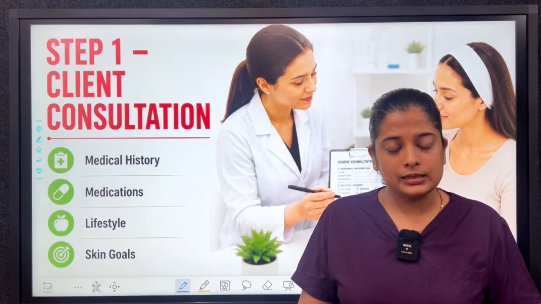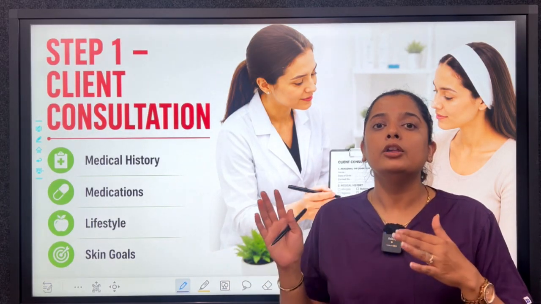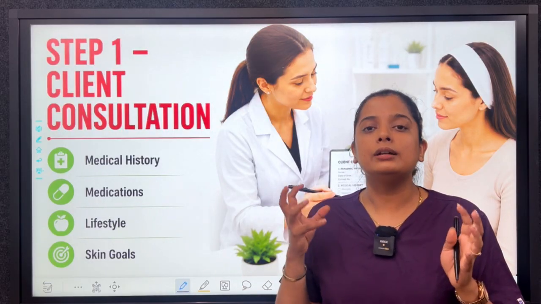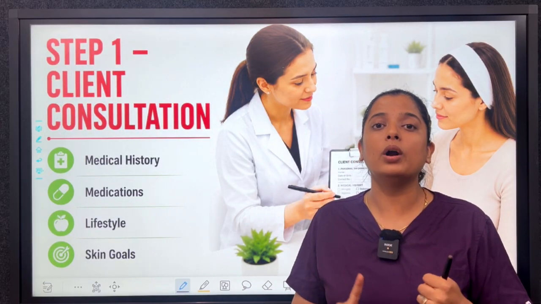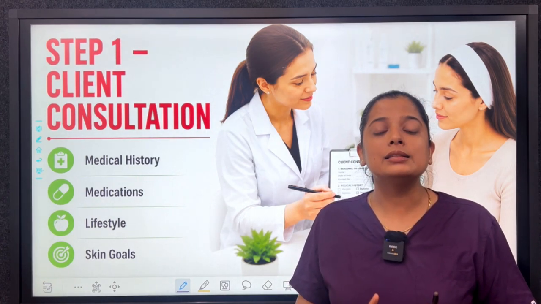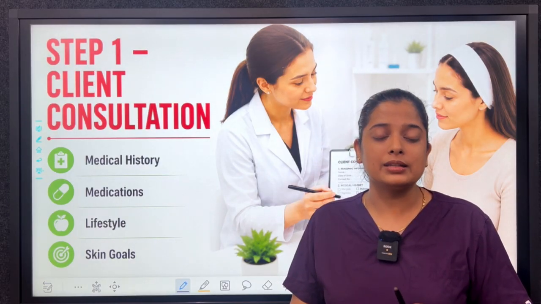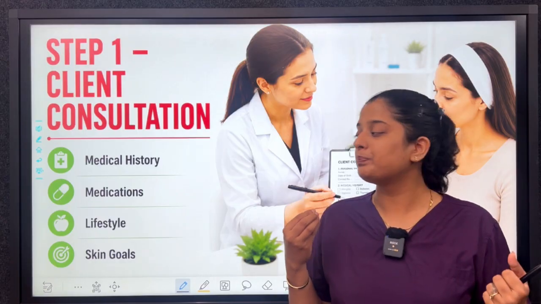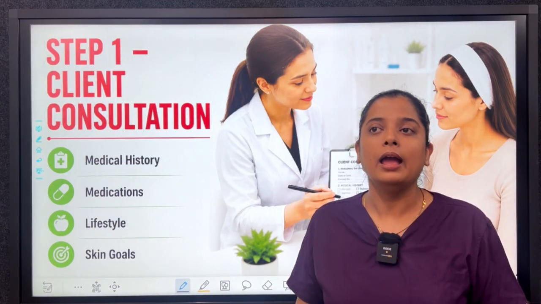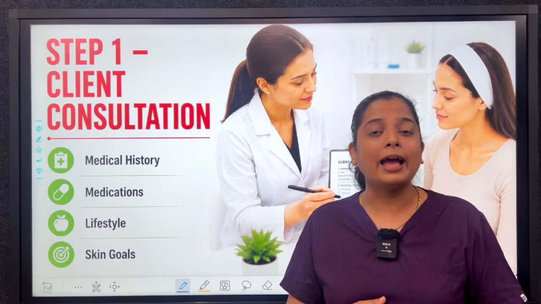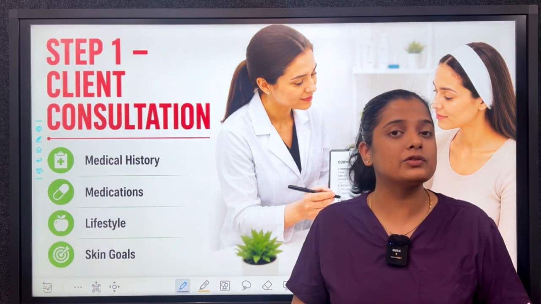To decrease it or to remove it, you just cannot apply a cream and wait for it to vanish. No. To take care of it, you need to understand what age the client is, any medical history the client has, any skincare products they have recently introduced, any kind of stress or sleep disturbance the client is having, any lifestyle change the client has made, any acidity, constipation, or thyroid or hormonal issues the client is facing.